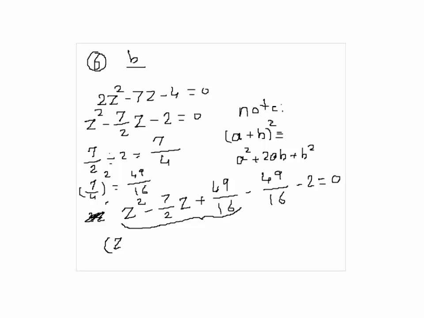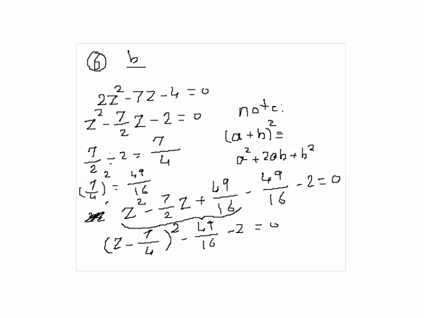These three can be changed to z, but you already noticed that here I have a negative z, so it changes to z minus the square root of 49, which is 7, over the square root of 16, which is 4, and overall they get squared. And I'm going to write the rest, which is minus 49 over 16 minus 2, equals 0.